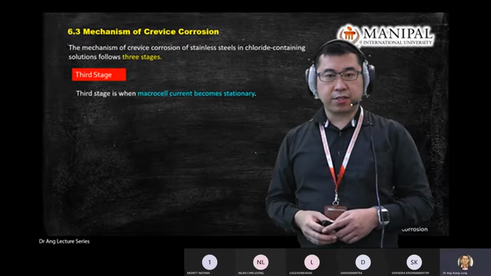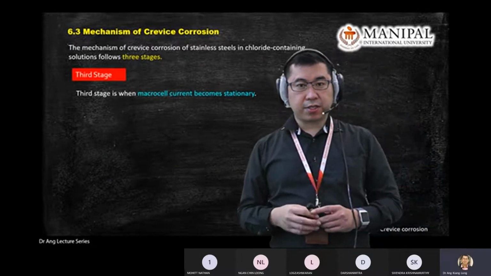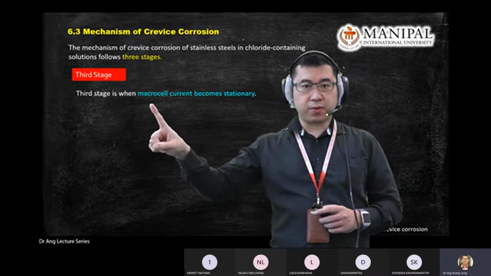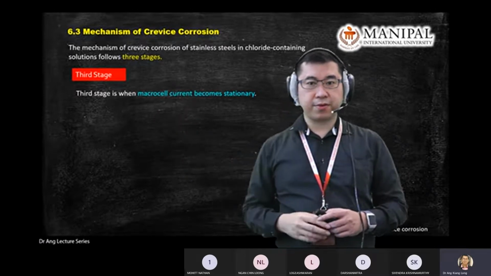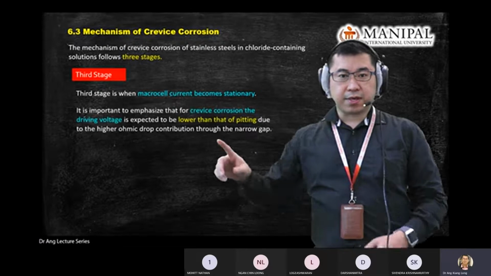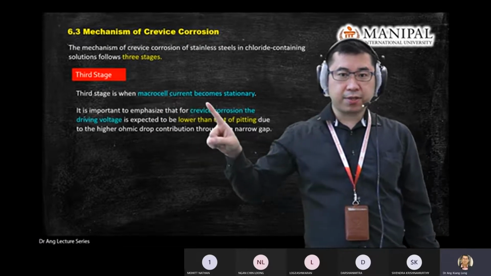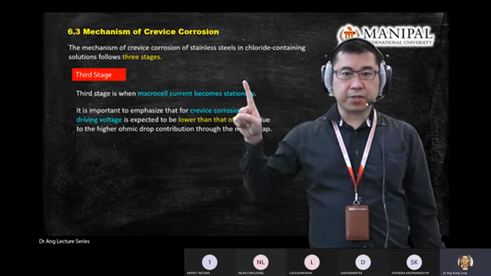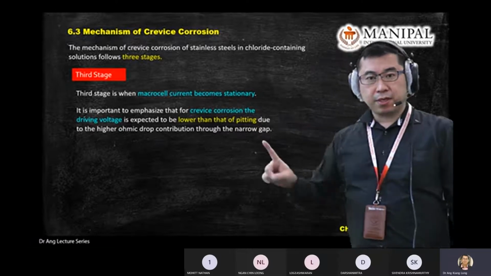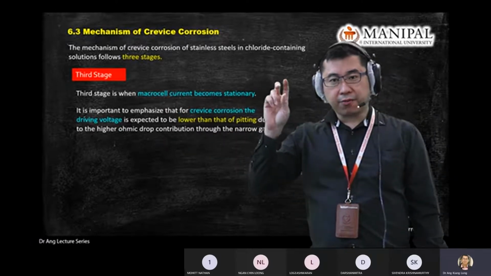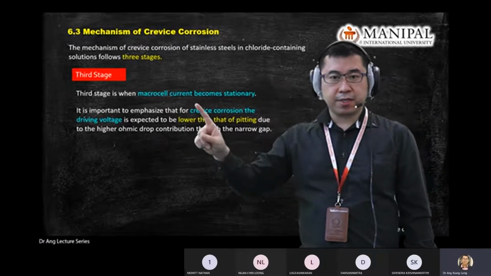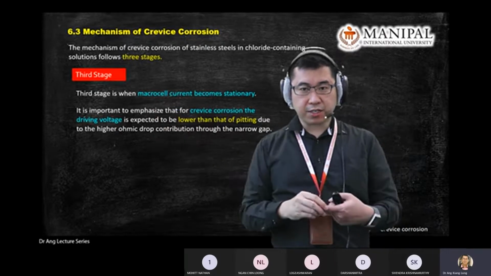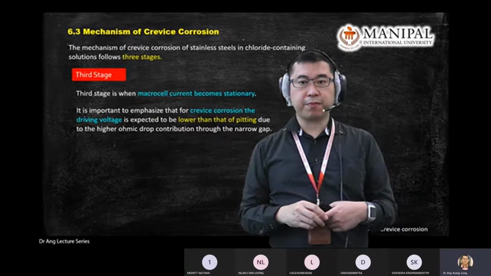Okay, third stage. In the third stage you will see the word macrocell. Right? In the third stage, the macrocell current becomes stationary. So macrocell is linked with galvanic properties. There's a positive and negative charge. It will form the potential.